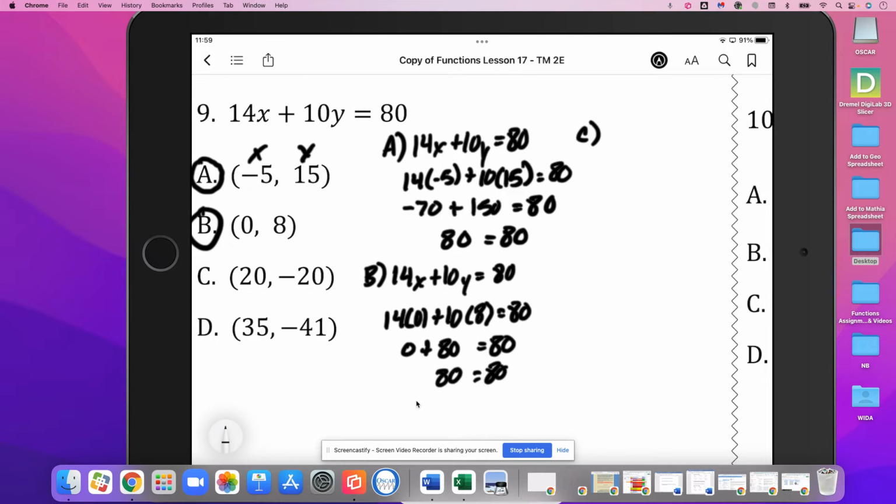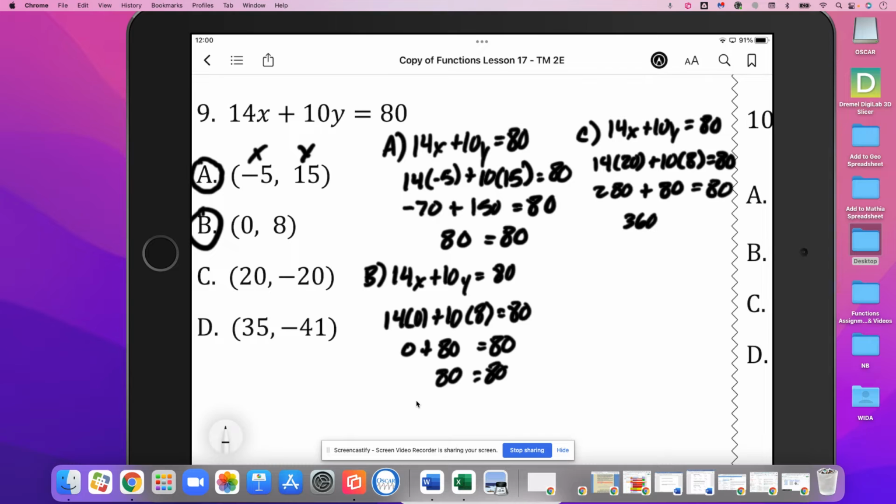So C, we have 14x plus 10y equals 80. So we've got 14 times 20 plus 10 times 8 equals 80. And so that's 280 plus 80 equals 80.